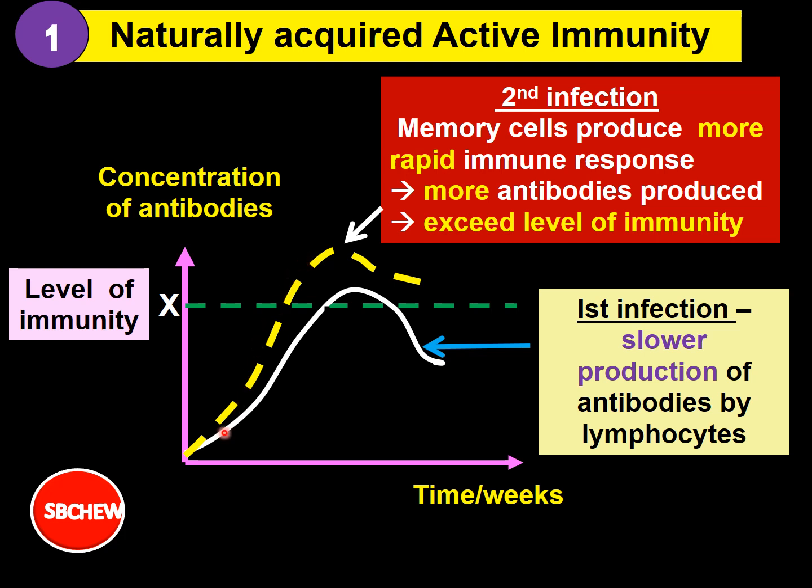So the graph of the first infection shows that the production of antibodies is lower, but for the second infection, the production is faster and at a higher level. So this is how the person acquires naturally acquired active immunity.